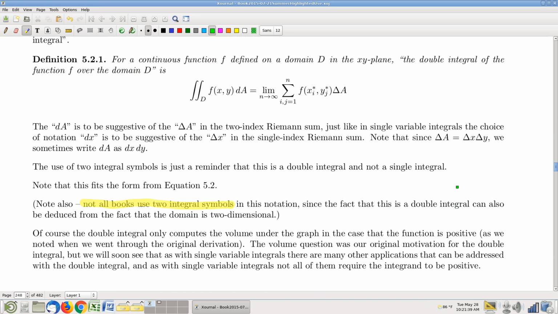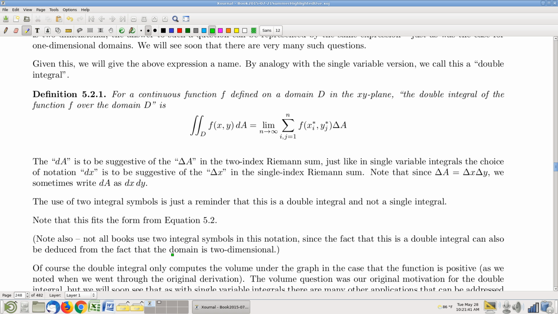One last notational little quickie. This business about using two integral symbols: a lot of books, especially higher level books, if you take Math 531, for example, very likely would write this with a single integral symbol. They would write it like this.